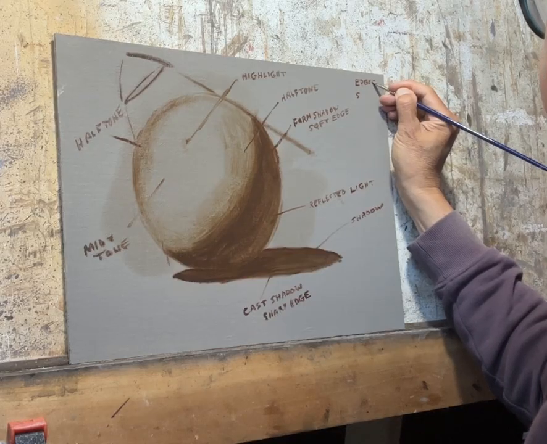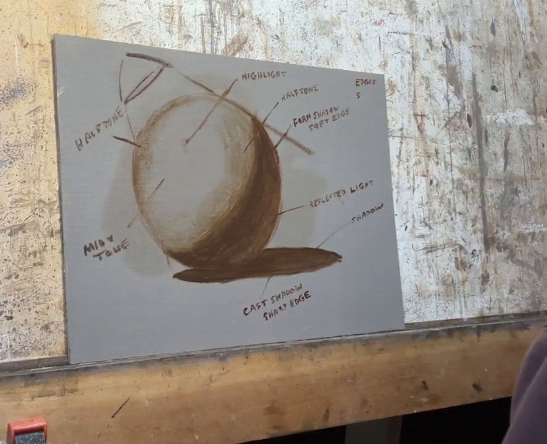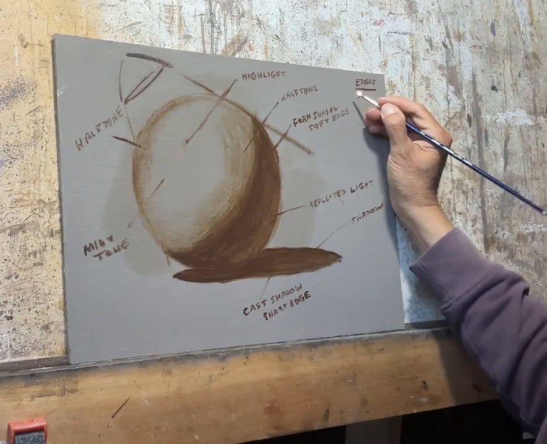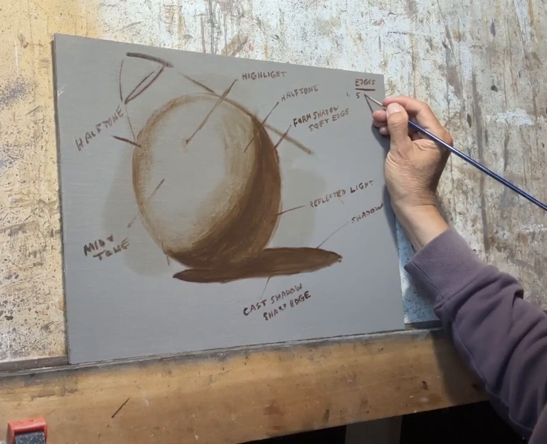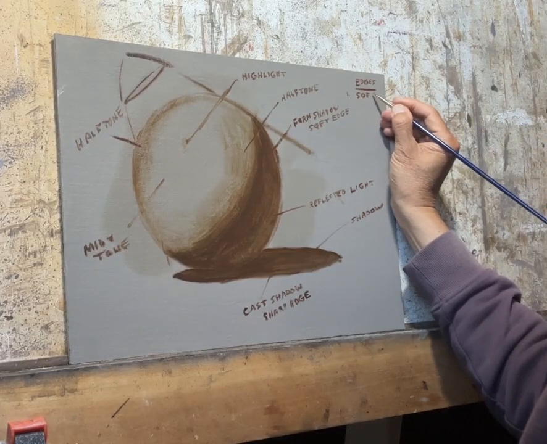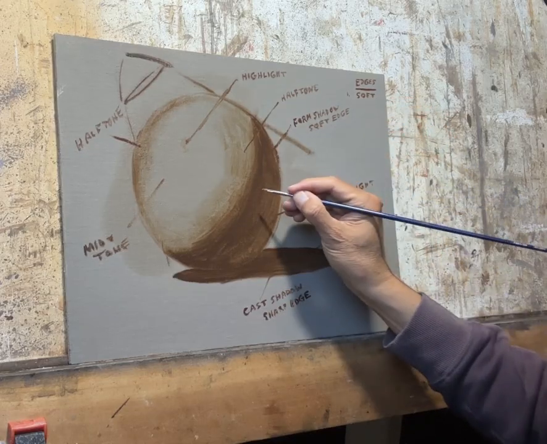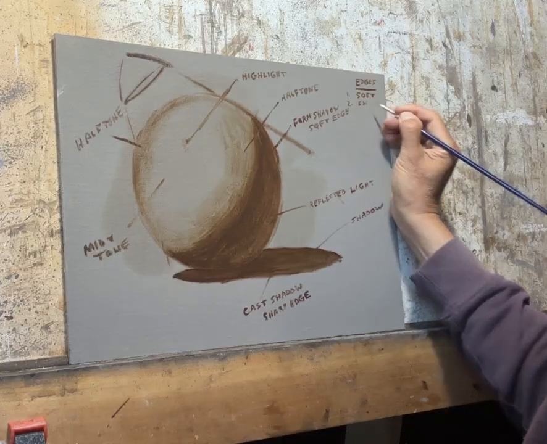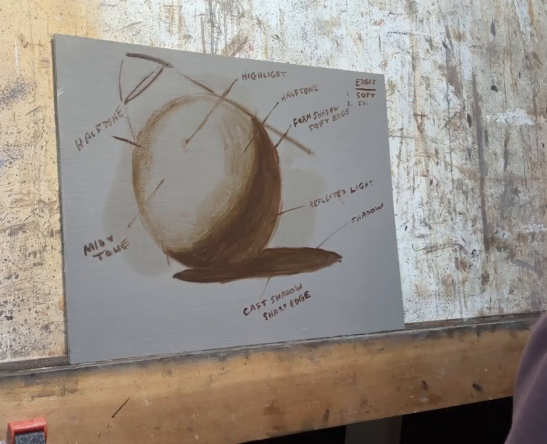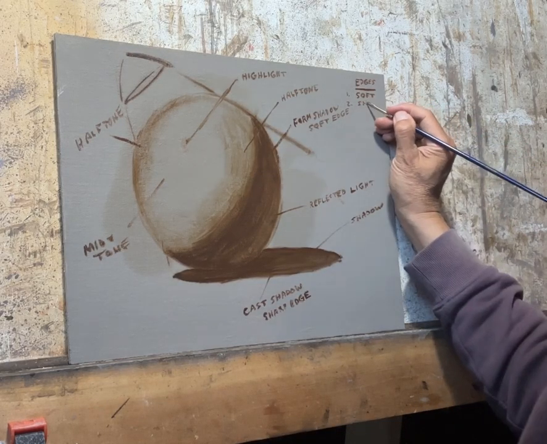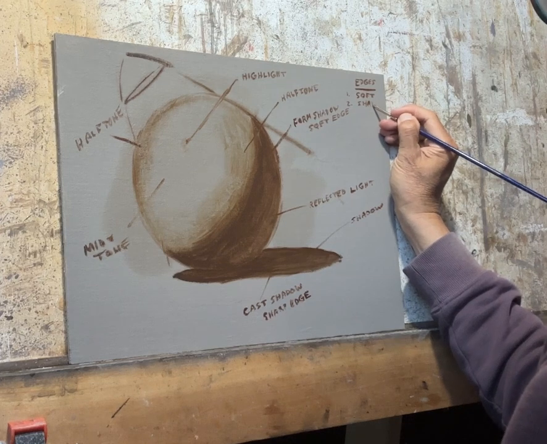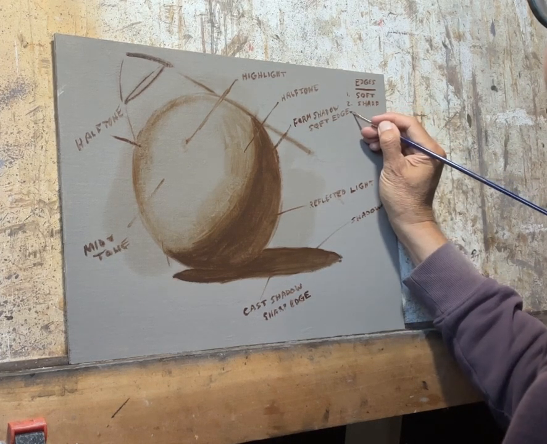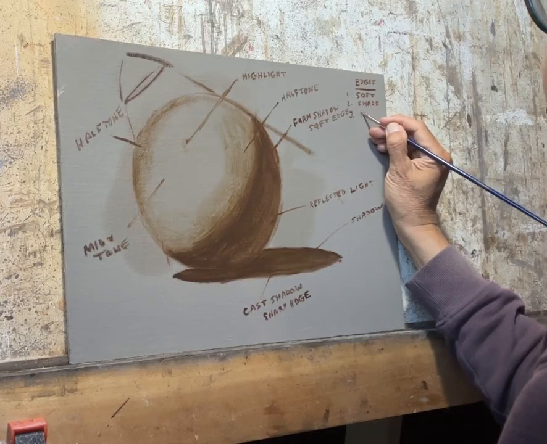Now this is all in your handout, the lecture that I shared with you all. Edges, there's 4 of them. 1 is the soft edge, which basically describes the edge of the form shadow. 2 is the sharp edge, which describes the sharp edge of the cast shadow. 3 would be a firm edge.